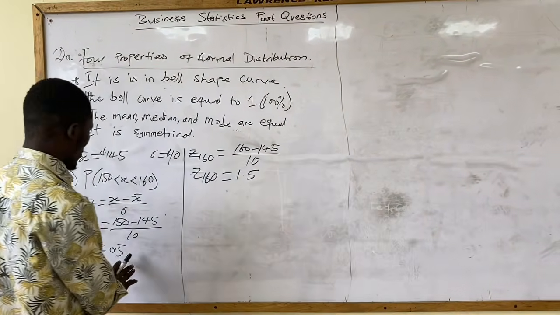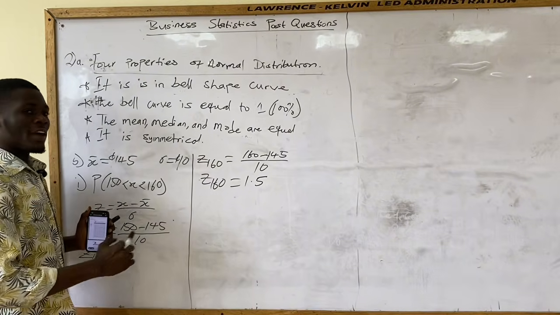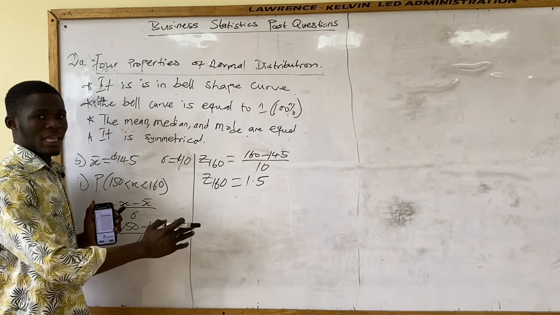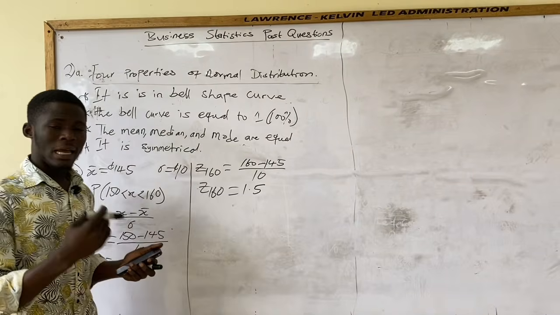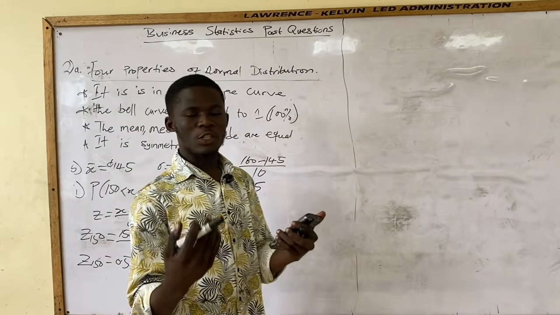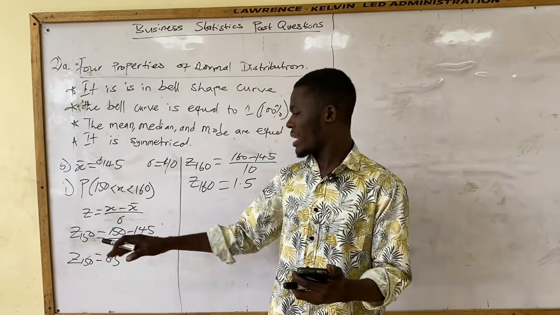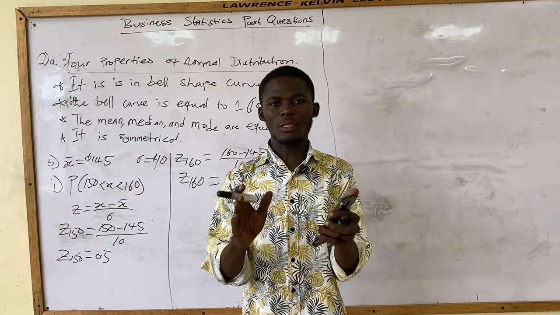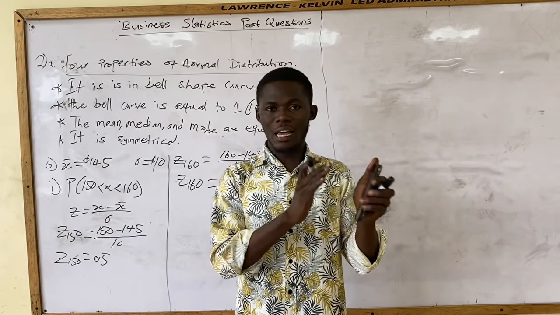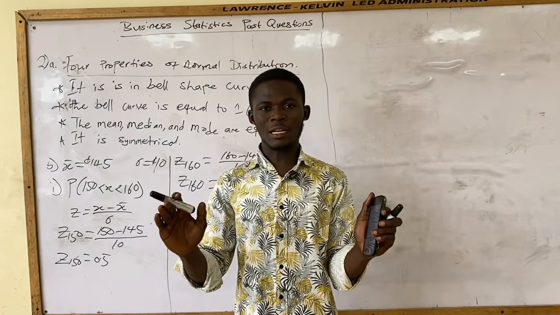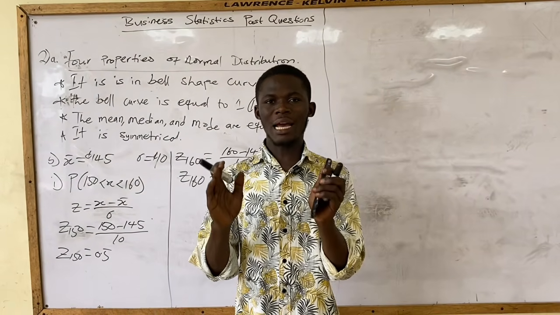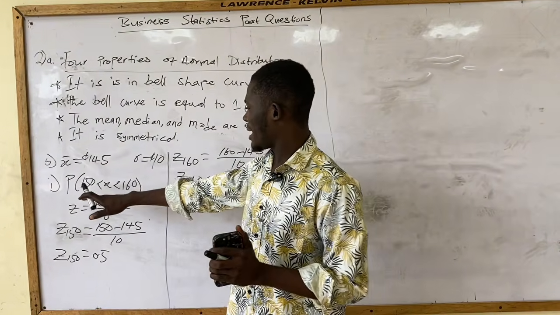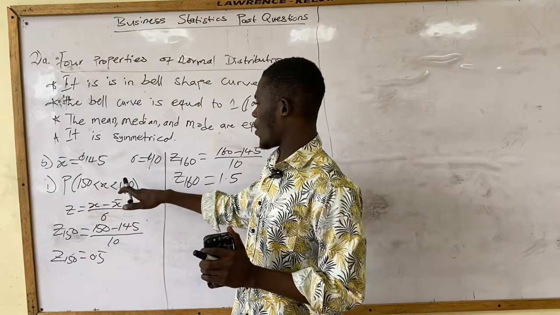So for this one that we had positive, any answer that I get there is my final answer. And if you refer to the Z score table with a negative Z score, any answer that you get when the Z score is to the left is your final answer too. So for both of them, any answer that you get is your final answer. Now, this one states between 150 and 160.